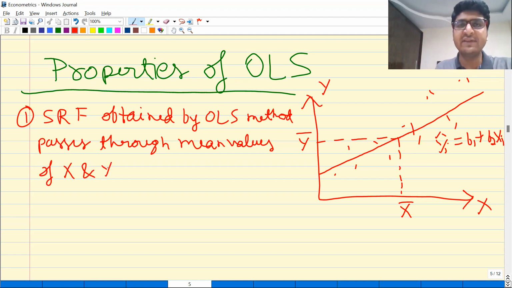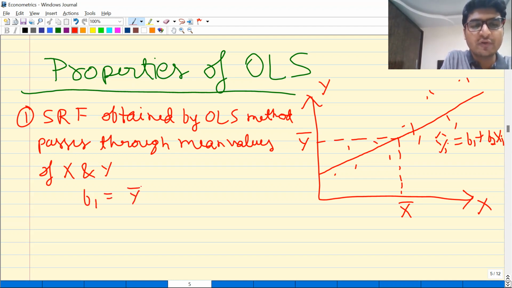If you remember, we derived the normal equations. So if you remember the equation for b1, b1 is equal to y bar minus b2 x bar. Which means y bar is equal to b1 plus b2 x bar.